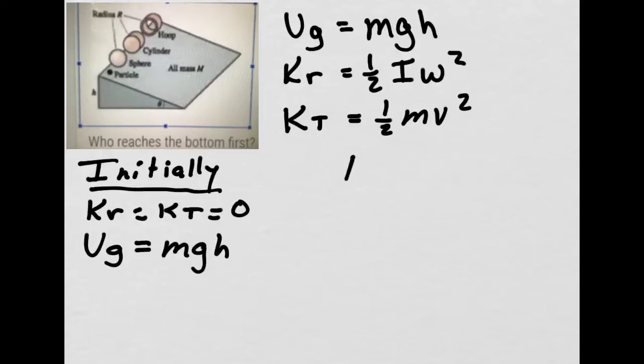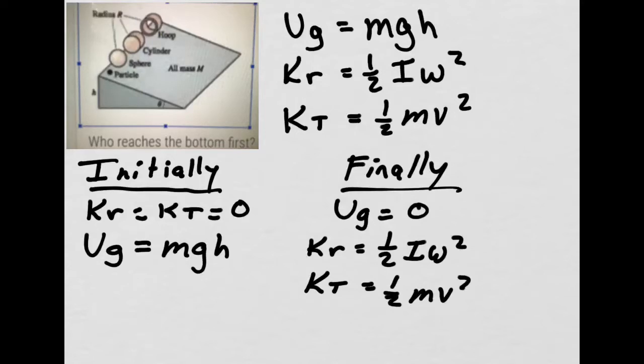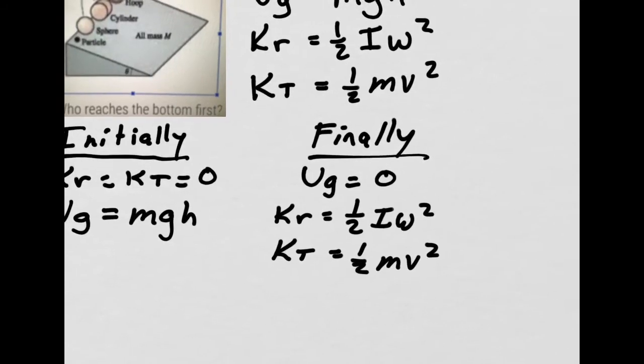So then final, gravitational potential will be 0, but then Kr will be 1/2 I omega squared, and Kt will be 1/2 mv squared. So each one of these things has a different I, but the omegas are all the same.